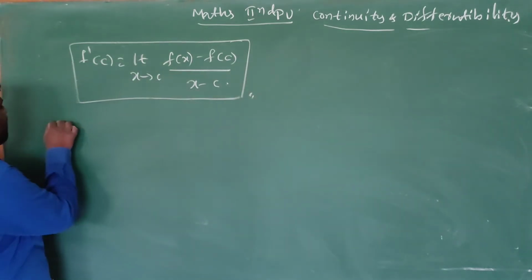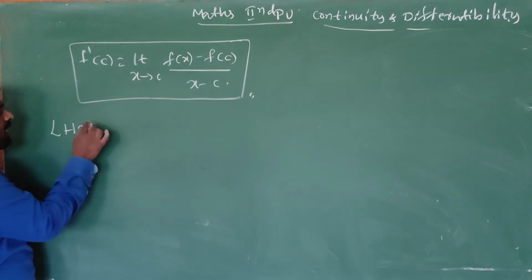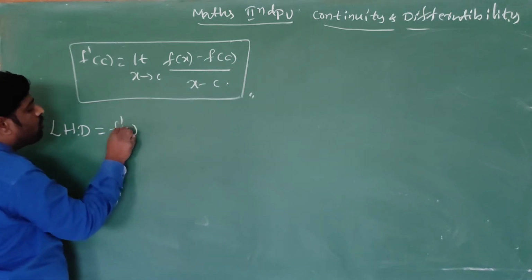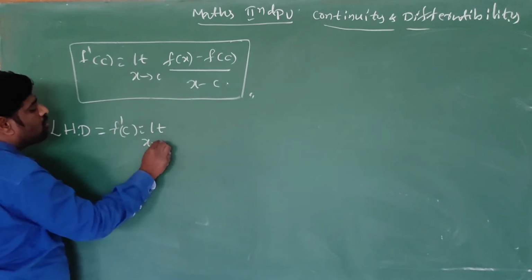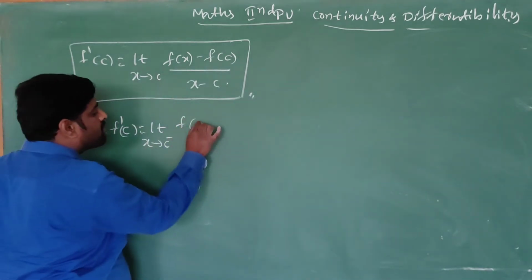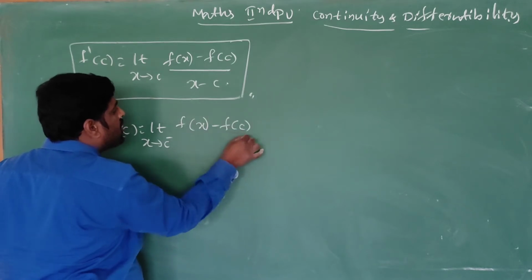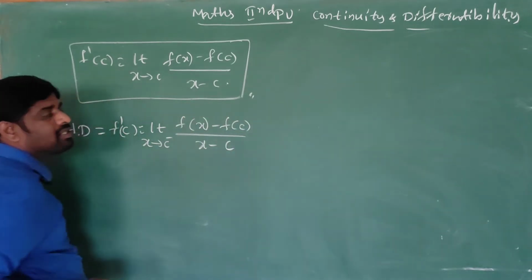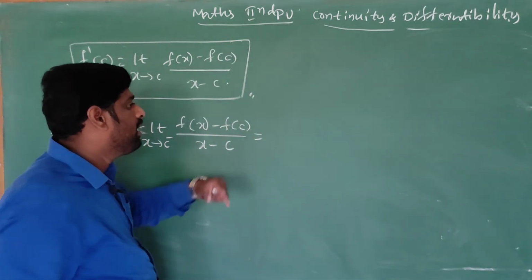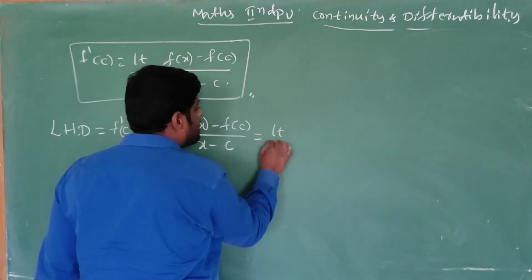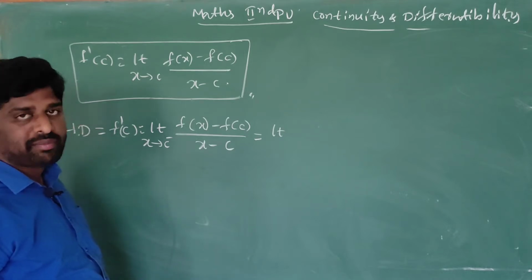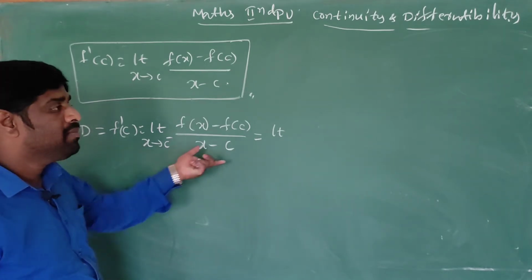Now you have to write LHD. LHD, that is f dash of c equals limit x tends to c minus of f of x minus f of c divided by x minus c. This can be written with x equal to c plus h or c minus h, where for LHD it is c minus h.